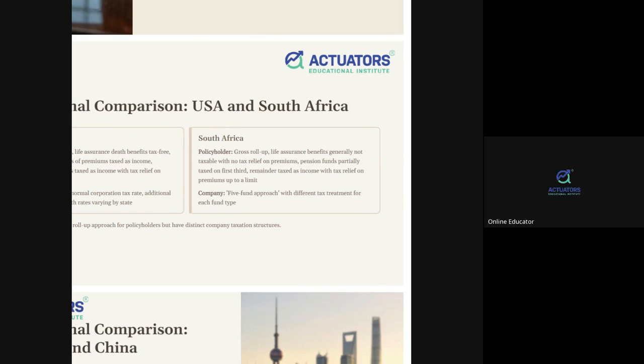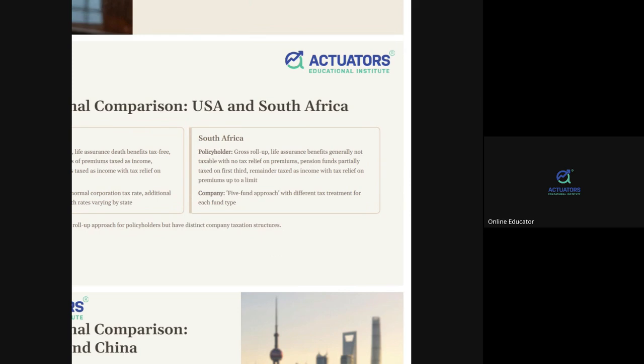For South Africa, you again have gross roll up, right? Your life insurance benefits are not taxable. You don't have any tax relief on premiums, right? Your pension funds are partially taxed, right? Then, similar to the UK, you have a partial amount which you can withdraw as lump sum without any taxation, right?